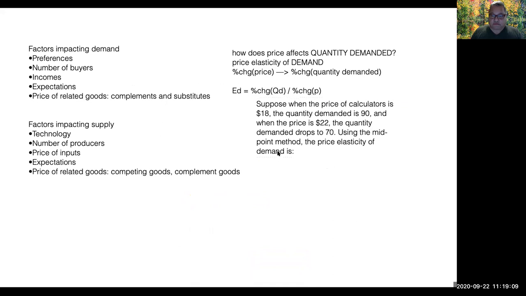In this context, I'm going to assign the value of the old price to be 18, and in that situation the quantity demanded is 90 million units or 90 units.